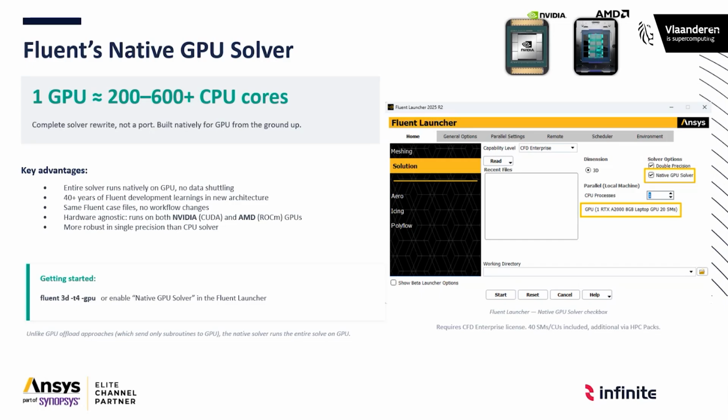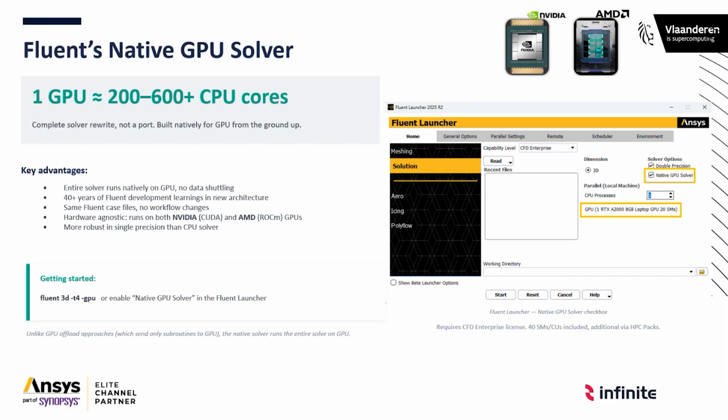Then, how does the GPU enter the domain of Fluent, and how does it bring extra acceleration to the Fluent calculations? Some years ago, Ansys completely rewrote the Fluent solver, which had been there for 40 plus years, from the ground up, natively to run on the GPU. So the data stays inside the GPU's memory throughout the complete calculation, which really eliminates the data transfer bottleneck between your memory and your compute unit.